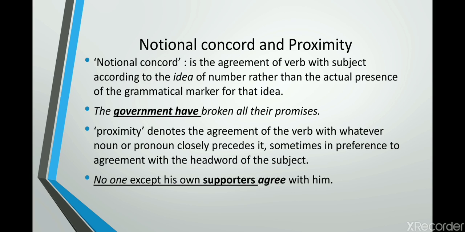The idea of notional concord is applied when we have what we call collective nouns. The collective nouns are the nouns that are plural on the level of concept, but they are singular grammatically.